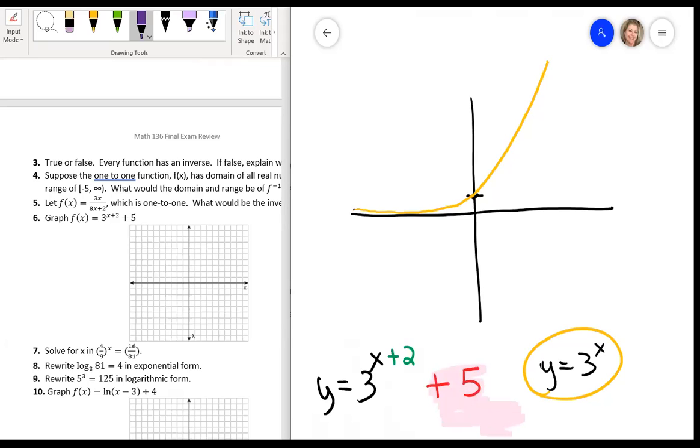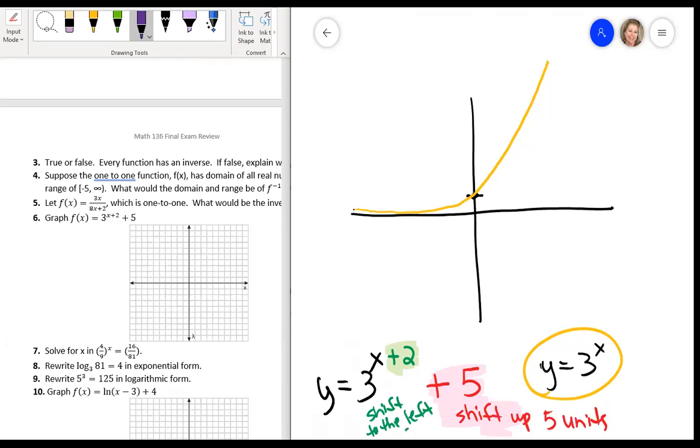Now, the plus 5 right here is going to shift up 5 units. But this plus 2 right here is going to shift horizontally. Remember, when it's up in the exponent, it moves it horizontally and it'll be the opposite. So if I see plus 2, I don't go 2 to the right, I go 2 to the left.